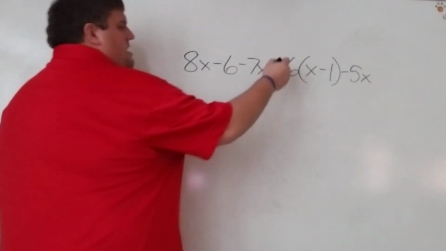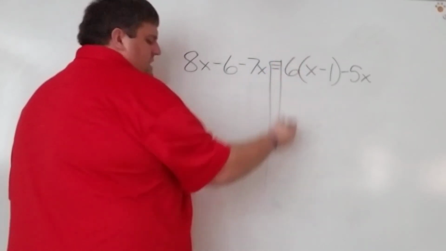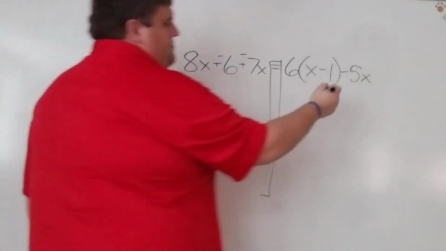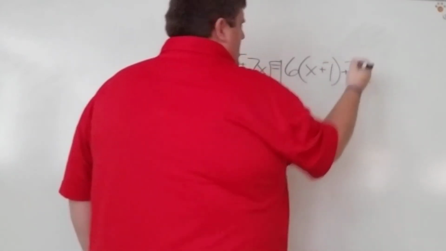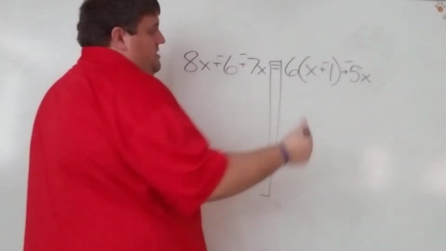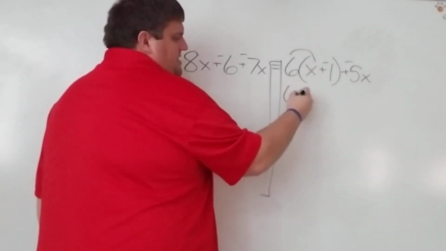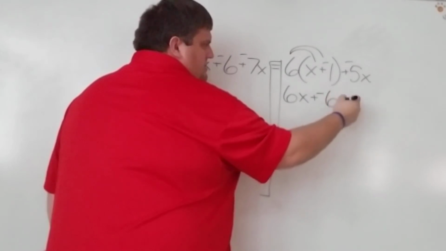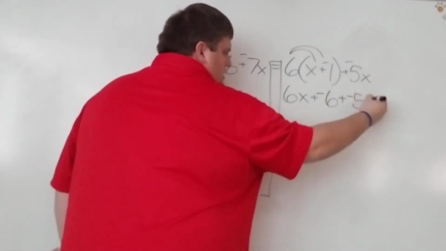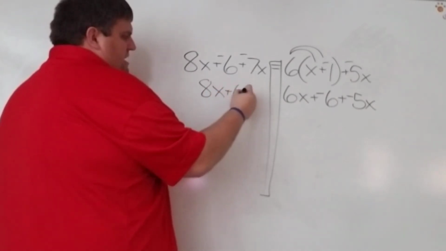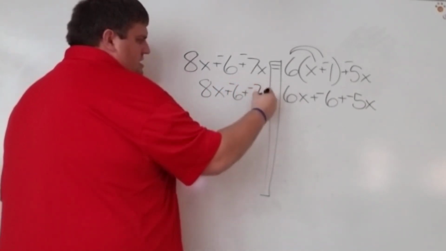Now this one has a lot of steps, so I'm going to be really careful with my signs here. And I notice I have distributive properties, so I have to do that first. So 6 times 1x is 6x. 6 times negative 1 is negative 6. And then we got this going on.